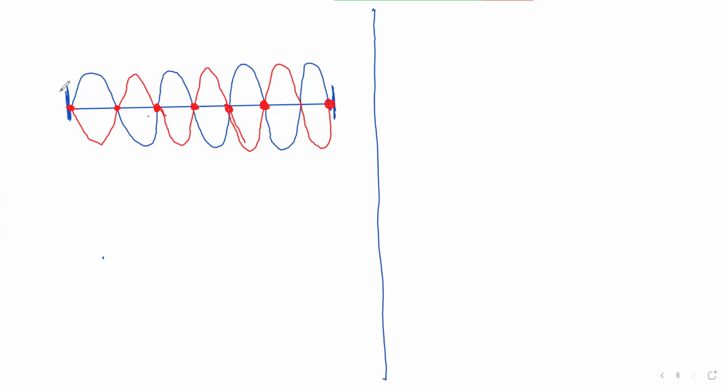These points where particles are at rest are known as nodes. So we have a node here, another node, node, node, node. Another node here, and so on and so forth.